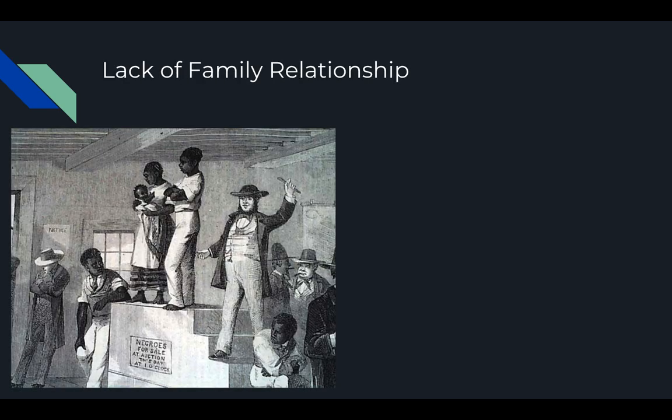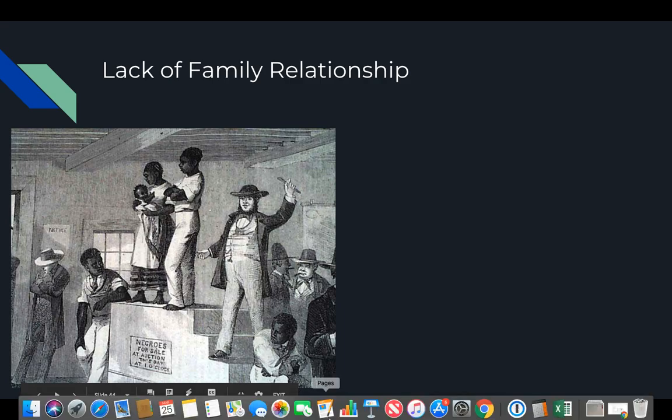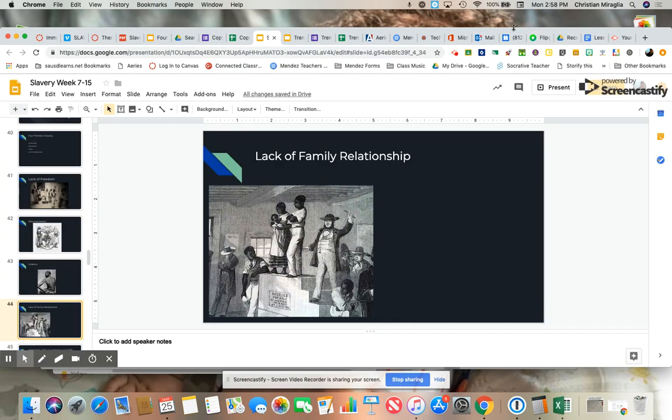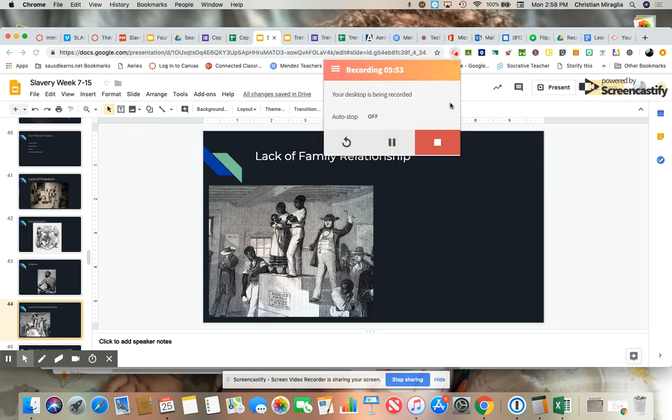Finally, the lack of family relationships. When slaves are sold off, families are being broken up. So when we have lack of family relationships, families are being broken up, and it could be from little children, it could be the parents of the children, it could be the father of the children.